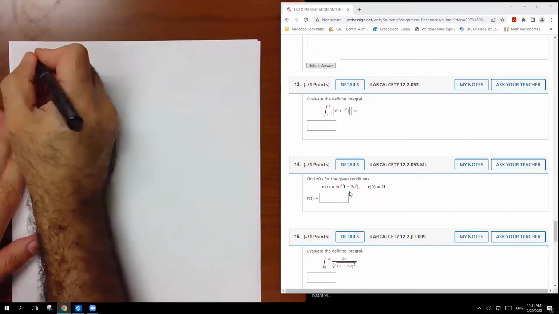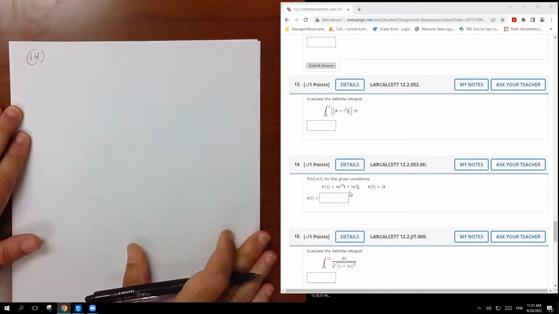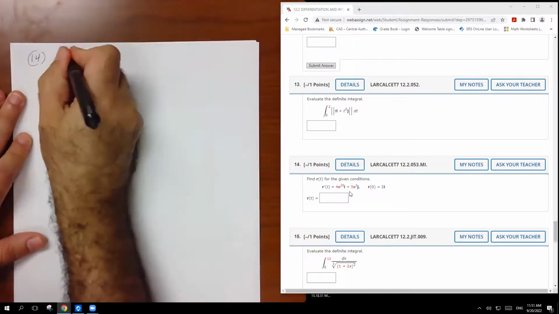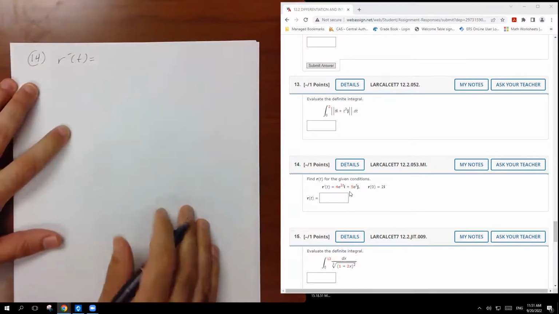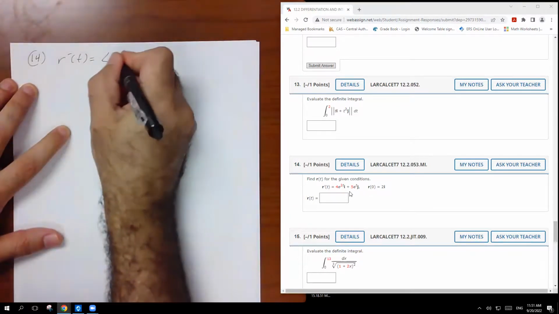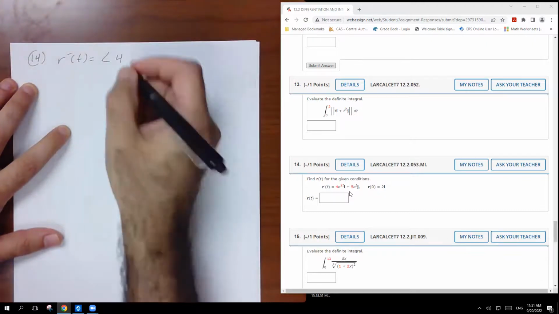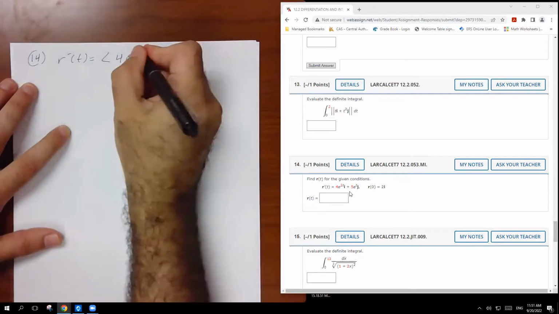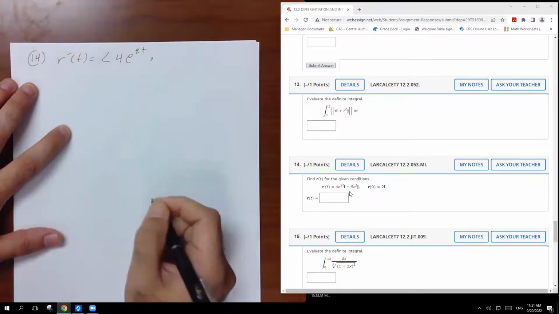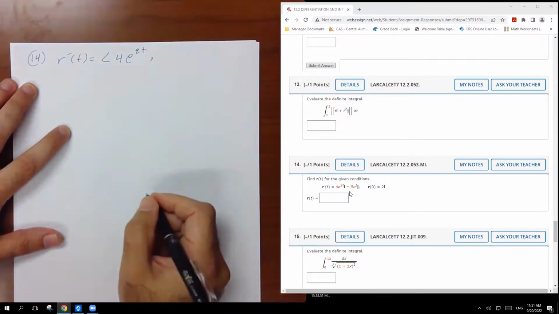So we have r prime of t equal to, I'm going to write it down in component form, 4e to the power 2t, and the second one is 5e^t.